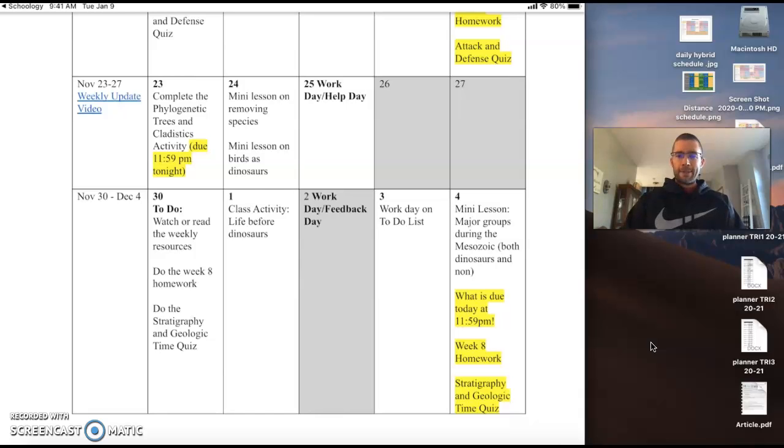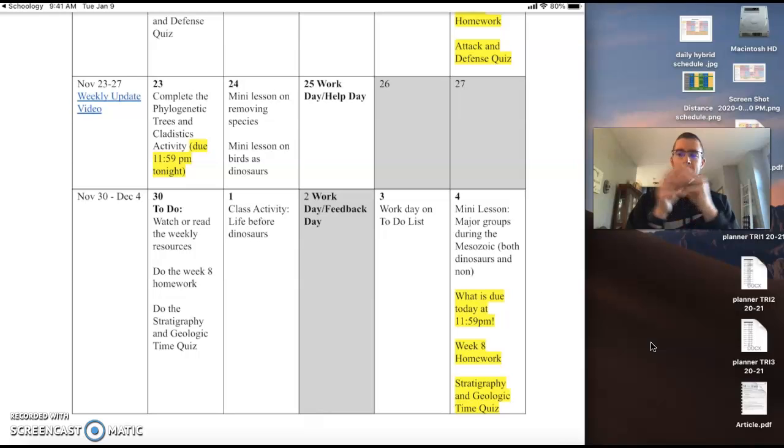Okay. And then on Friday, I'm going to spend some time narrowing in and focusing on life during the Mesozoic, okay, the Jurassic, Triassic, and Cretaceous. Okay, and we'll take a tour of the Mesozoic and what life forms you would have seen after that huge mass extinction at the end of the Permian, right before the Mesozoic, and what that meant for dinosaurs and all other types of life forms like pterosaurs and mammals and stuff like that.